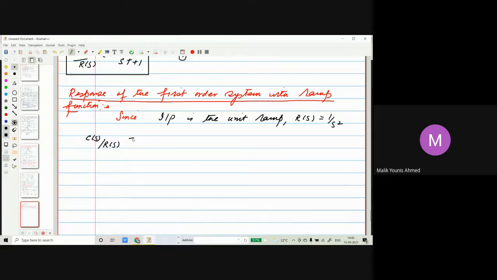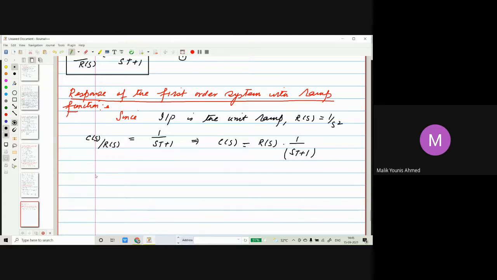C(S) by R(S) is 1 by ST plus 1, which implies C(S) will be R(S) into 1 by ST plus 1. Now unit ramp is 1 by S square, so step, ramp and parabola. So ramp is 1 by S square.